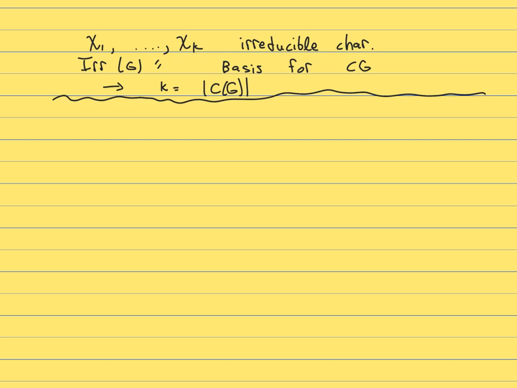So what we have seen is that the irreducible characters do in fact form class functions. So their span is a subspace. By the way, all characters are in this span, as we've seen from the last lecture.